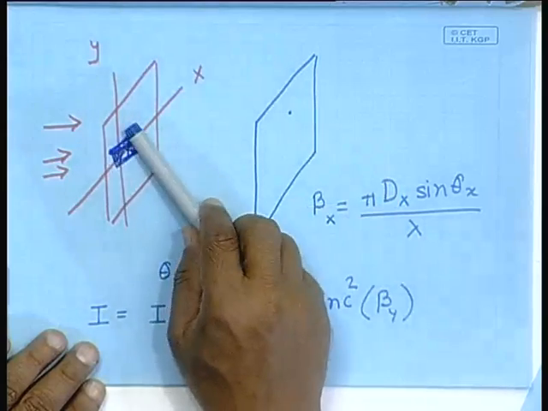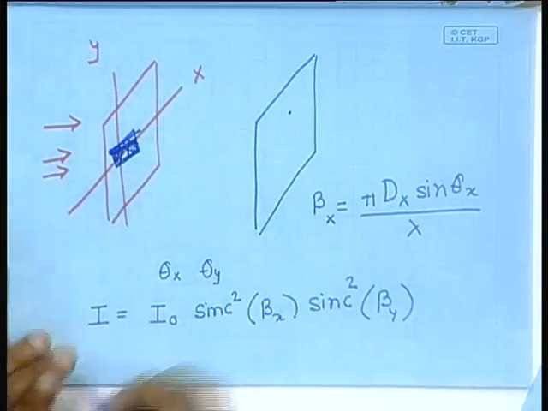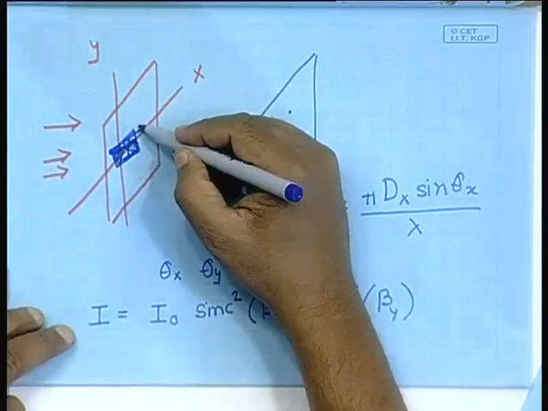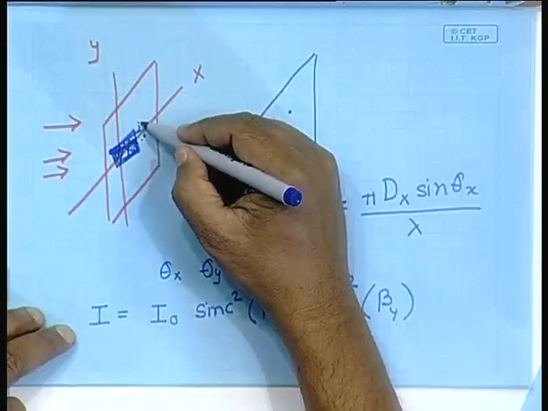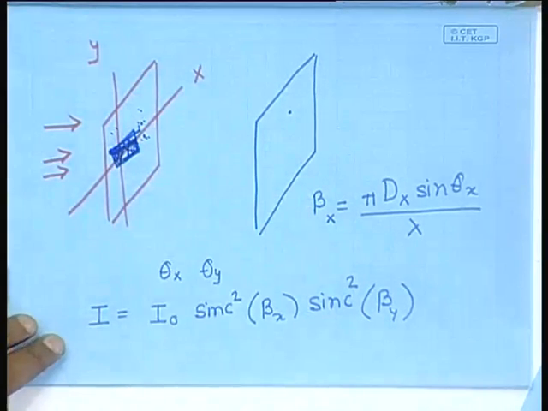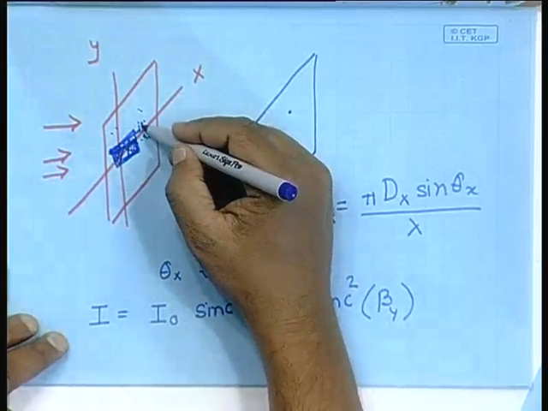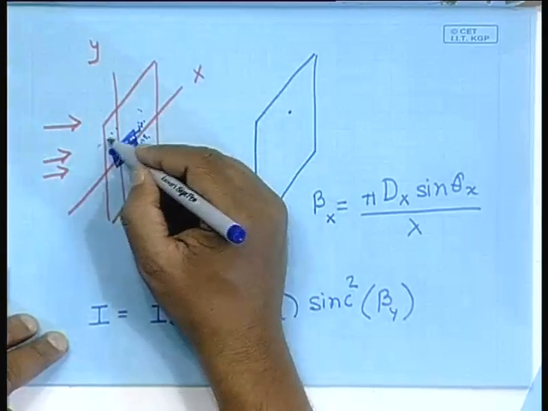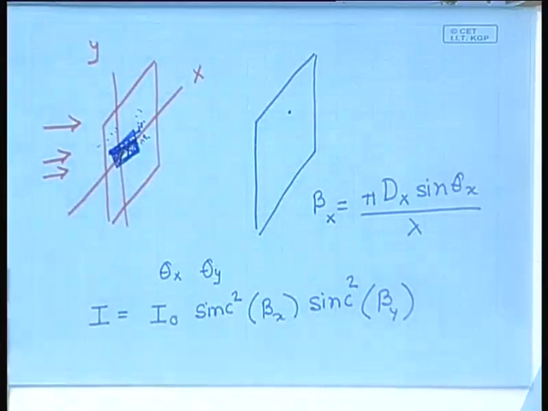So, if I have a slit which looks like this, then this direction is smaller. So, this is going to play a more important role in the diffraction, this is going to play a less important role in diffraction. The diffraction pattern of this is going to be spread out more, this is going to be more concentrated. Let me stop our discussion over here and resume from this point in the next class.